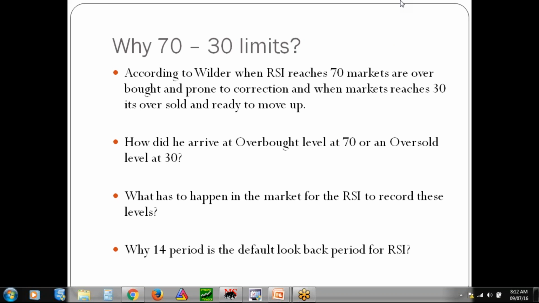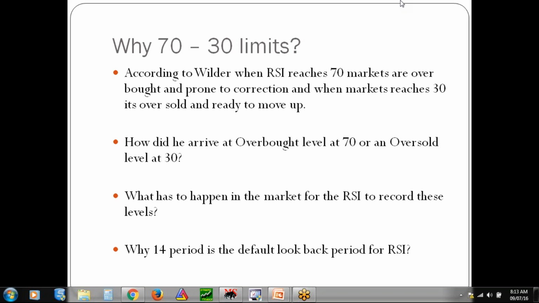That means out of 14 days, 9 days, the prices have recorded higher closes that led the RSI to move into the 70 zone. What do we derive from that? Out of 14 days, on 9 days the price has been in an uptrend. So we moved into an overbought zone when the prices were in an uptrend.